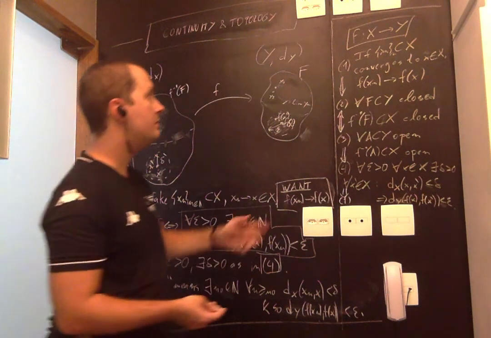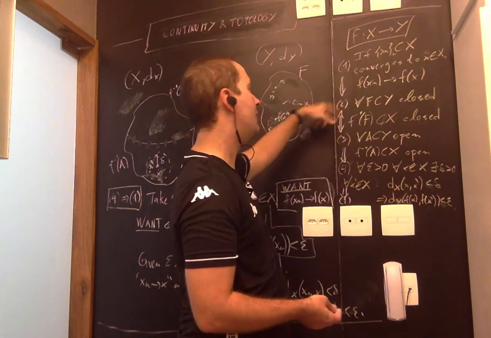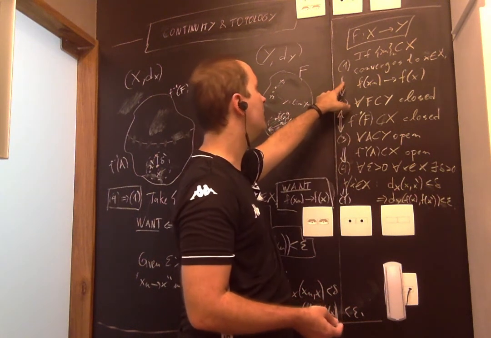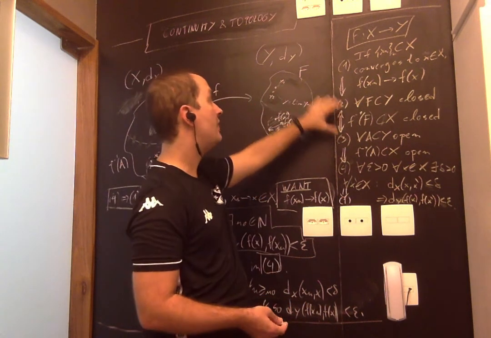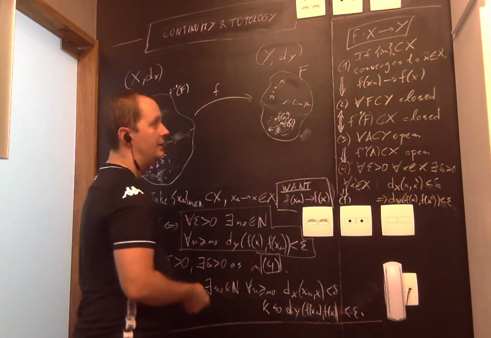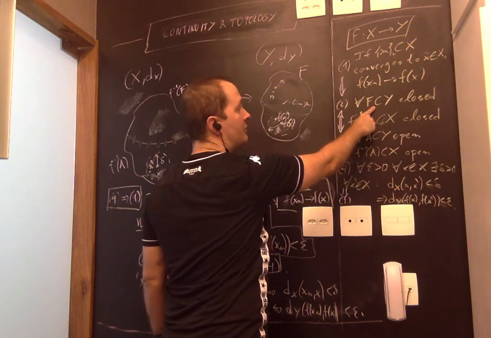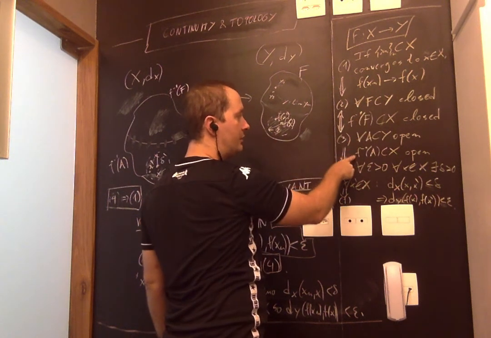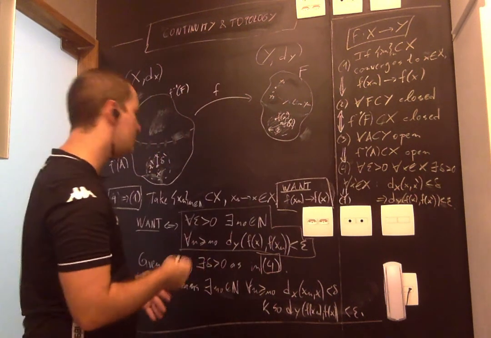What is interesting is the relationship between the two. I really think the most enlightening way of proving that these facts are all true about continuous functions is to go through the sequences, because you can see that you move from here to closed sets very naturally. These are very clearly equivalent. This is also very natural, and this last step is also not too hard.